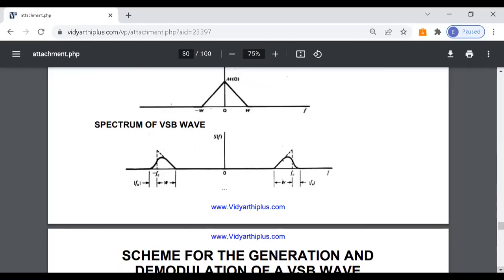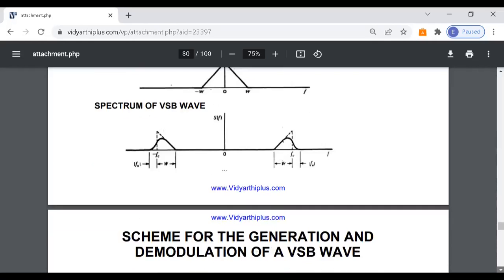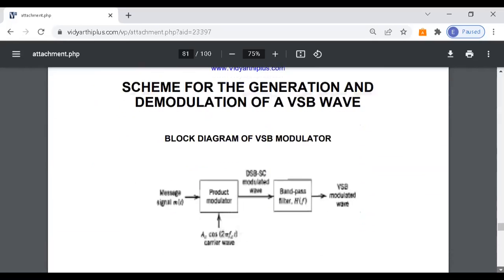If you see, the vestigial sideband is neither a double sideband nor a single sideband. It's warped. So this is what you have to do.